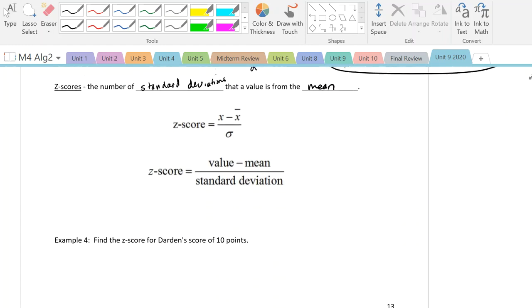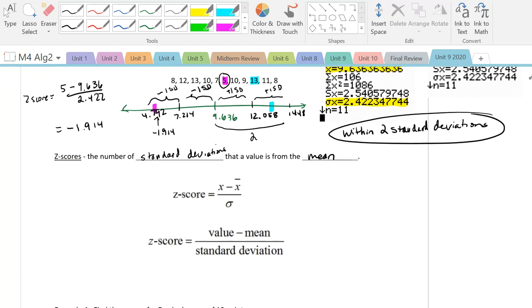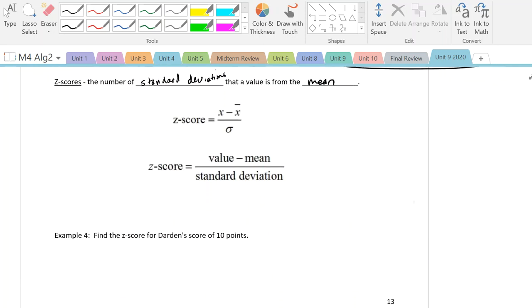Okay. So find the z-score for Darden's score of 10 points. We just did that for 5, so pause for a second, try it for 10.